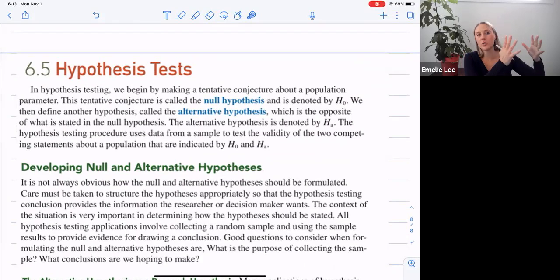We want to have some starting point, and then we have some idea about what might be happening, but we need proof. And so that's going to be our alternative hypothesis.